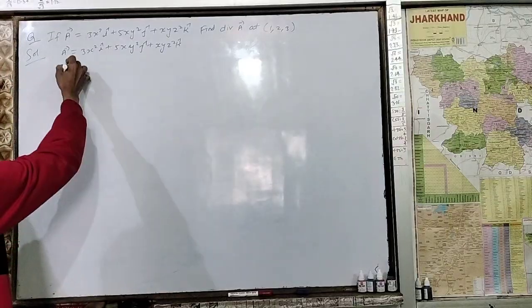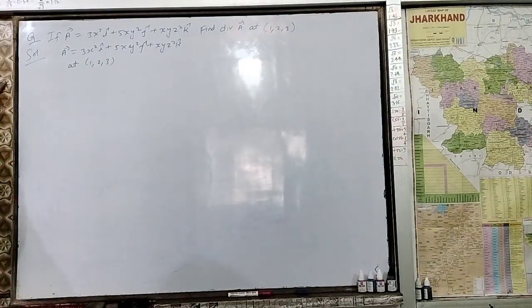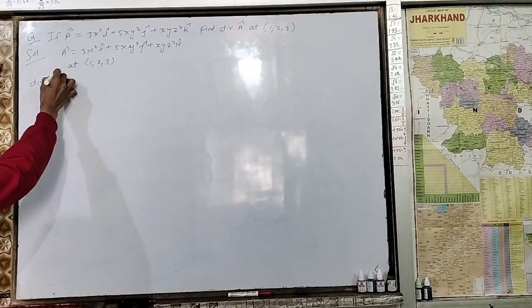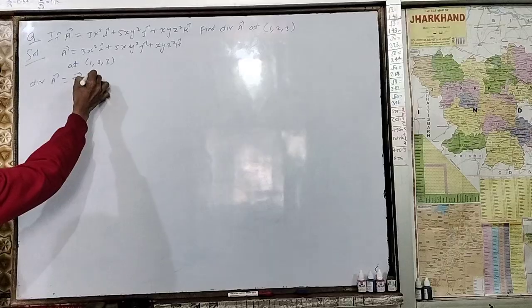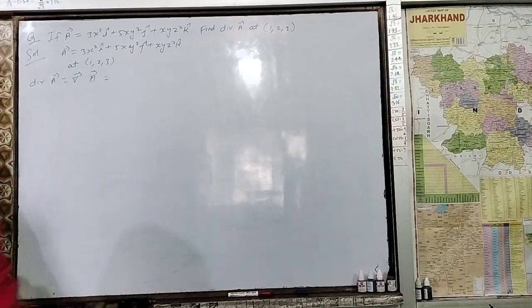This is given, at 1, 2, 3. So divergence of a vector is equal to del operator dot A.